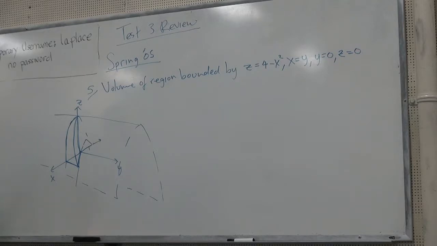Yes, over here would be symmetric to over here. But the question is, would that be included? You won't get a negative answer. It's going to be above the xy plane, and it's a volume. It's supposed to be positive.